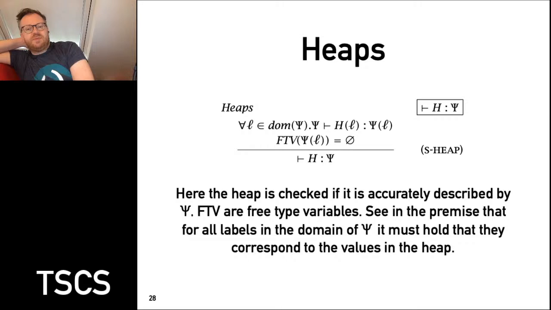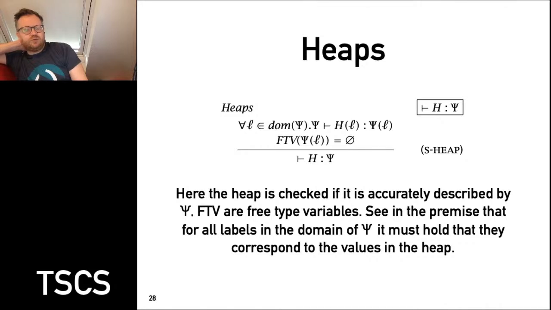And the heap is basically the same. However, the heap typing must actually describe psi. FTV stands for free type variables. There must not be any free type variables in the heap typing at a certain location.